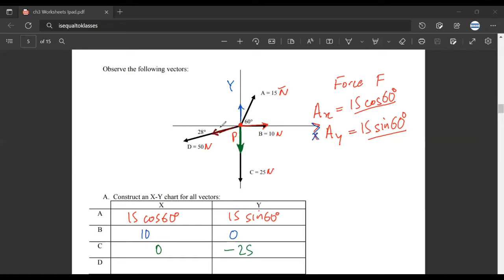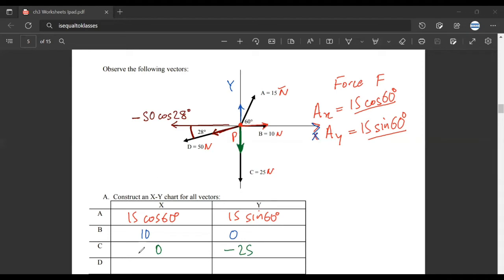Now when we look at the D force, it is in the negative direction. The x component is 50 cos 28 degrees, but it is in the negative direction of the x-axis.